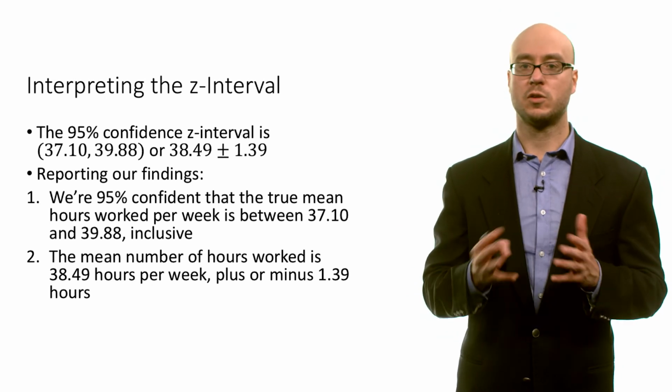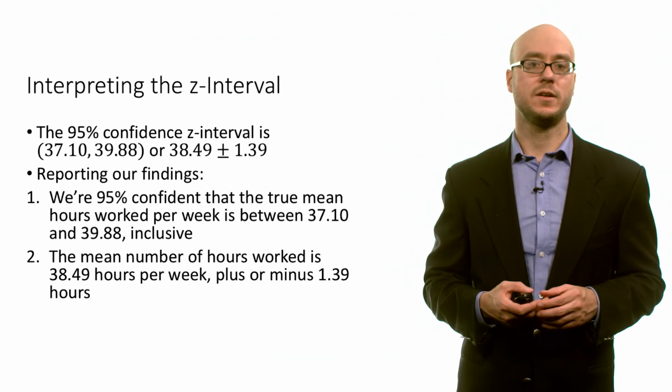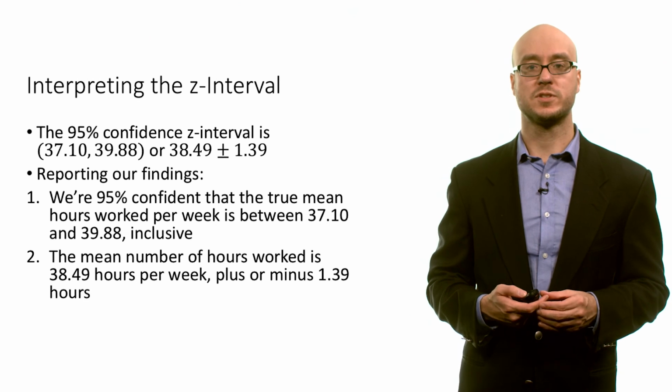Those are both equivalent. They're both different ways, and you'll encounter both of these ways of stating your results when using a z-interval. And with that, we will look at a few examples of working with z-intervals and point estimates based on this standard normal distribution model.